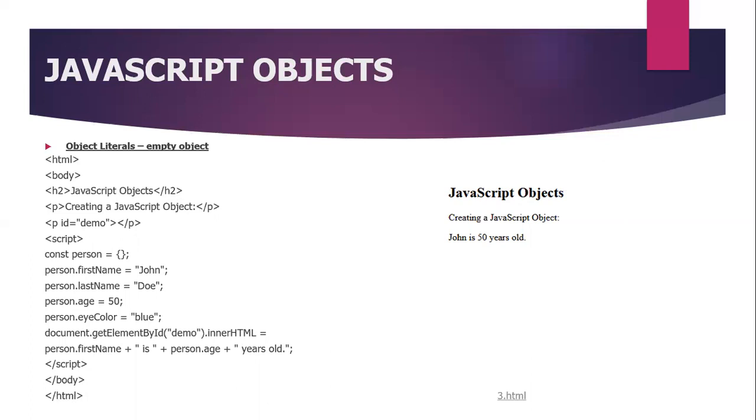Next, I'm going to display these contents in the web page. document.getElementById.innerHTML, person.firstName. So John will get printed. John is 50 years old. That will be the exact output.